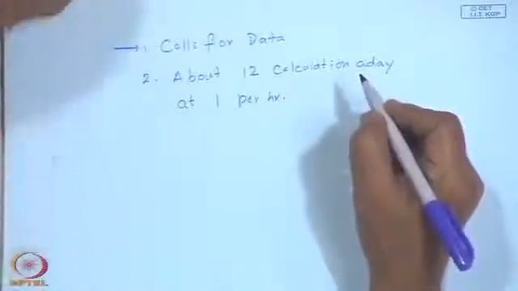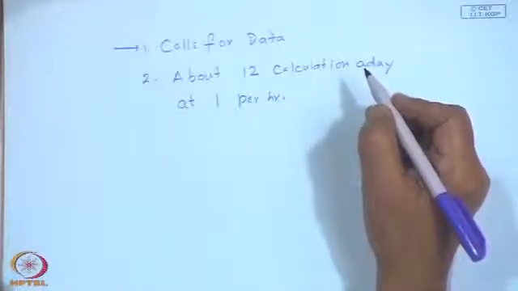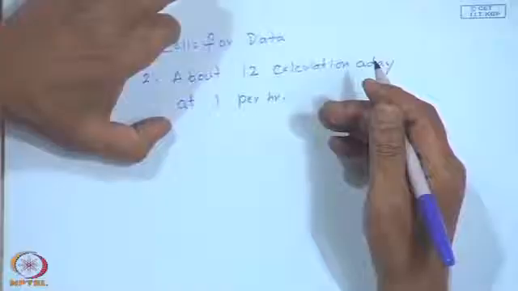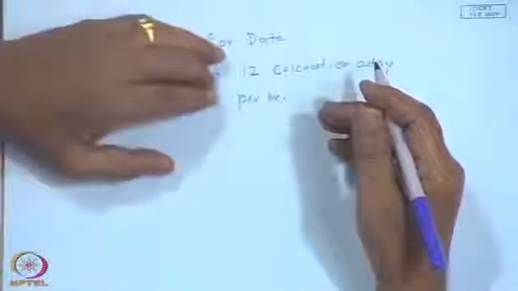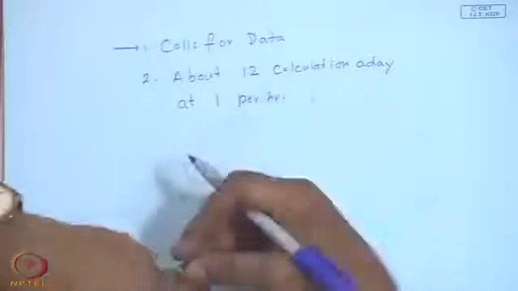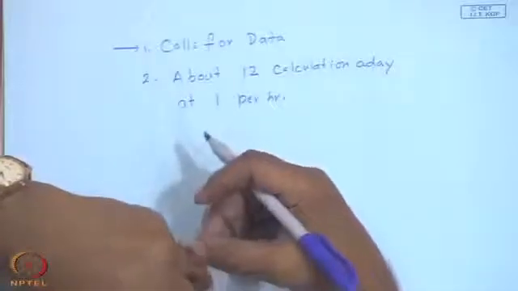All the days may not exactly have 12 hours, but on a yearly basis this average is okay. So this is a cumbersome process, and if you want to calculate for the month, you need to calculate for 12 into 30 days. For the year, it will be even more, multiplied by 365. So, how to solve this problem?